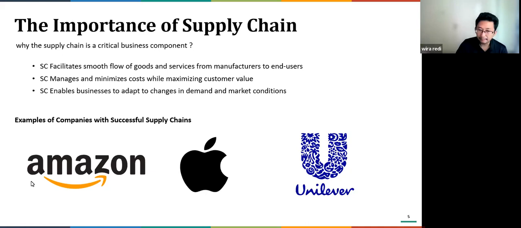These three companies, Amazon, Apple, and Unilever, are some of the companies that have the best supply chains in the world. For example, Amazon is one of the global leaders in supply chain efficiency. Their supply chain strategies include having automatic warehouses.